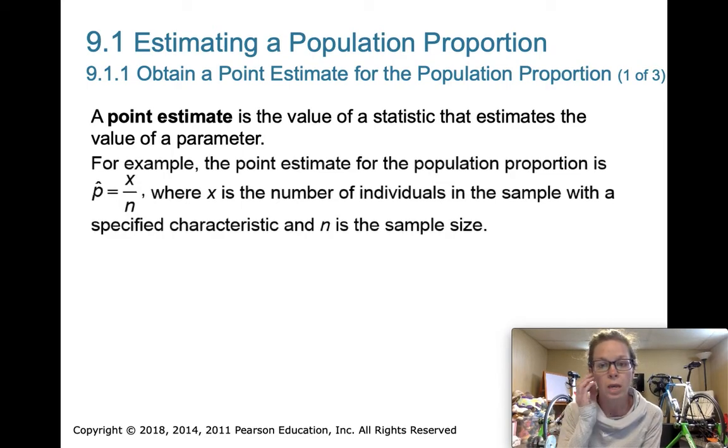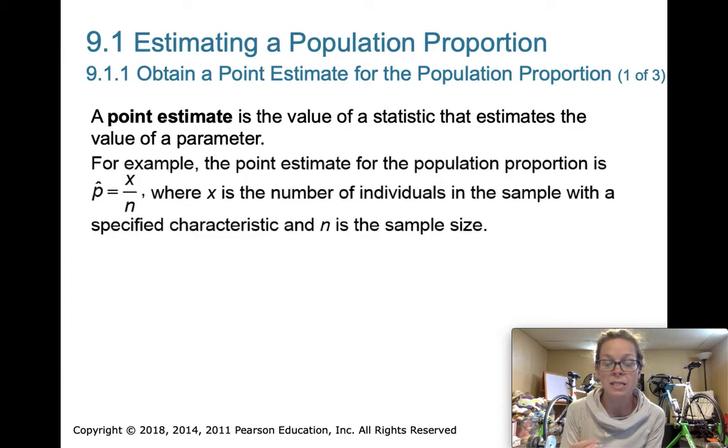So if we sample n number of individuals and ask them a yes or no question, or try to determine whether they have or do not have a certain characteristic. So this is not an average. It's not looking at values of that. It's either a yes or a no. They have it or they don't. They agree or they don't.